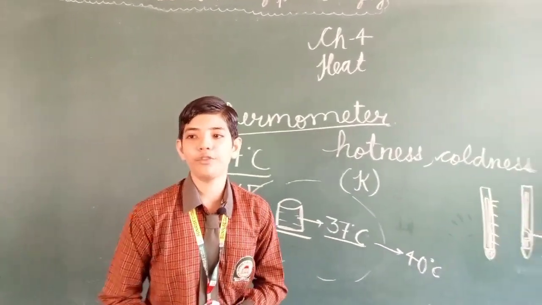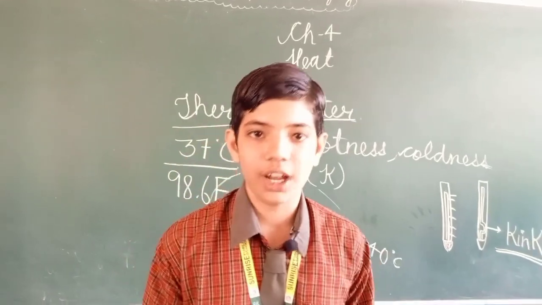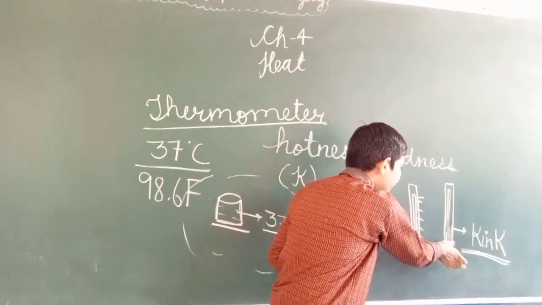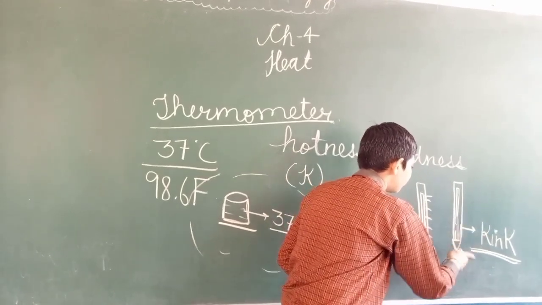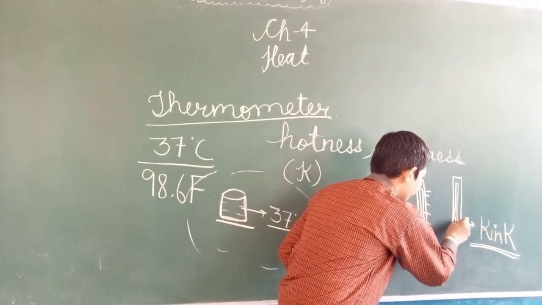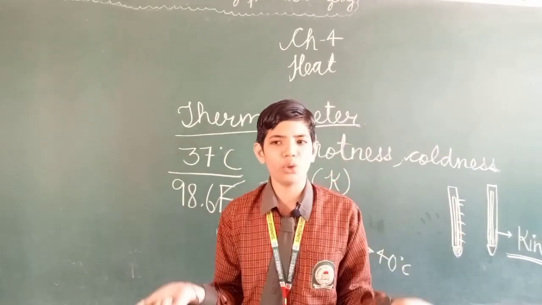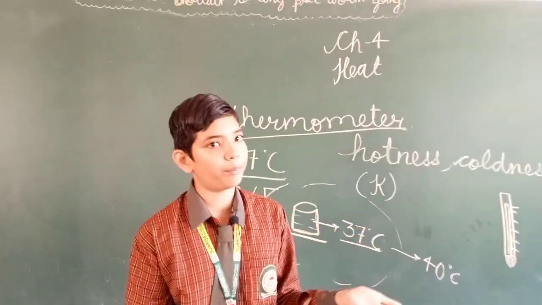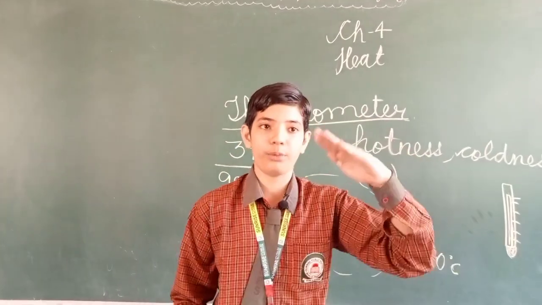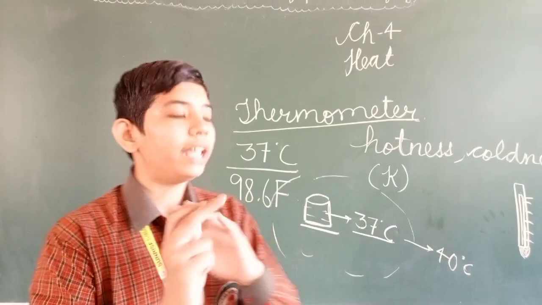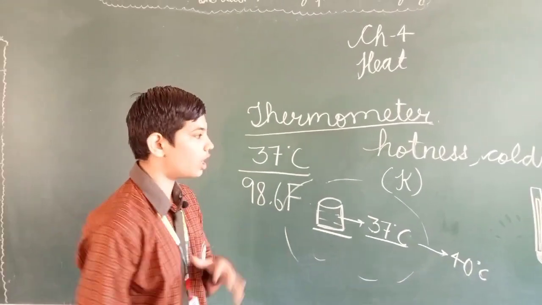Now I would like to define the laboratory thermometer. In a laboratory thermometer, there is no kink. Now the question arises: if there is no kink, how can we measure the temperature? In this also, because of the surrounding temperature, the mercury can go down. But here we measure the temperature like this.